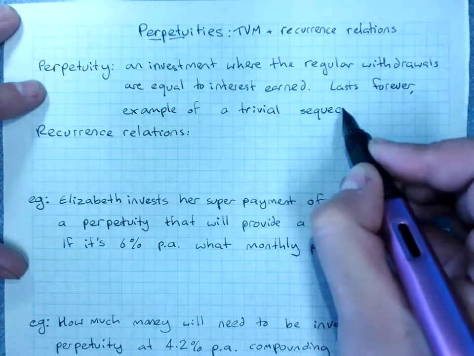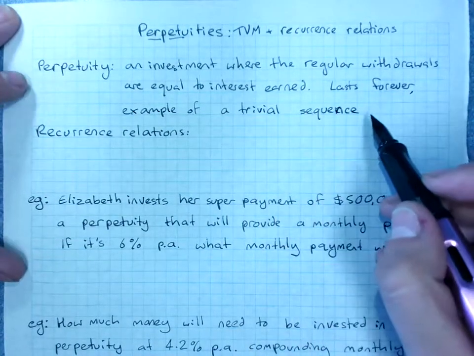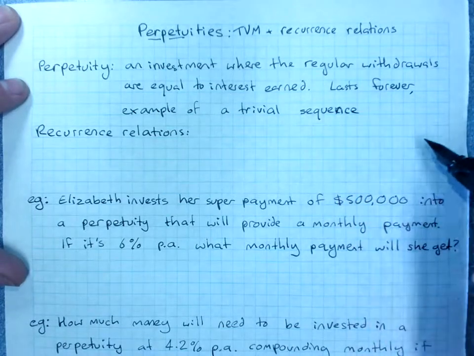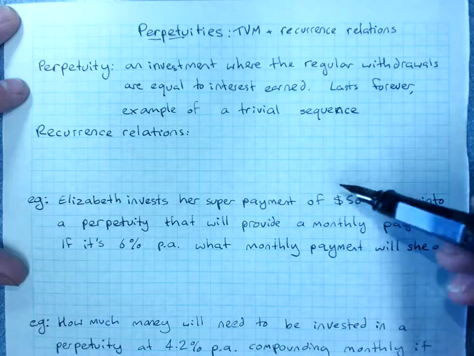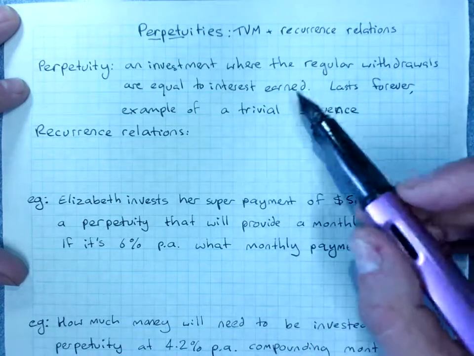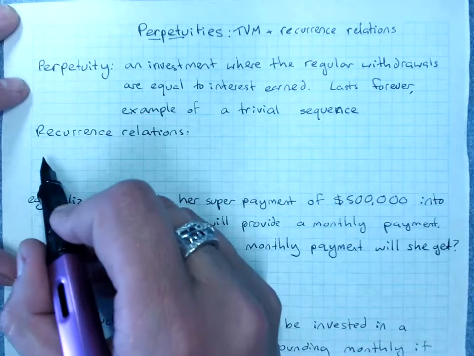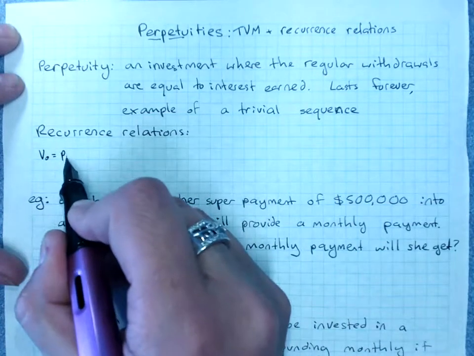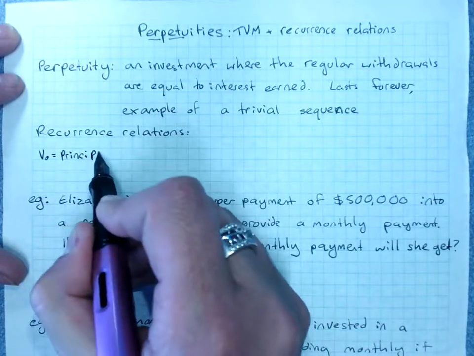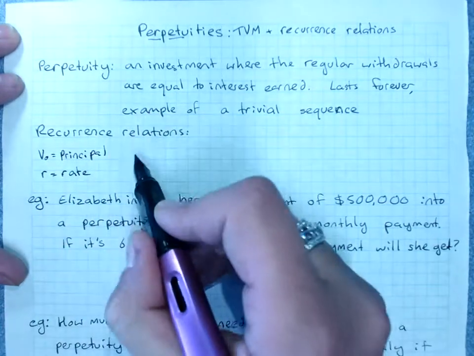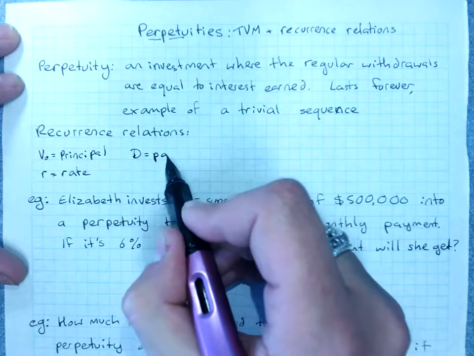So if you remember, a trivial sequence is when it goes up and down by the same amount, and so the amount in the bank account or the amount of the number stays the same the whole time. So in recurrence relationships, remember that V0 is our principal, R is our interest rate, and D is our payment.